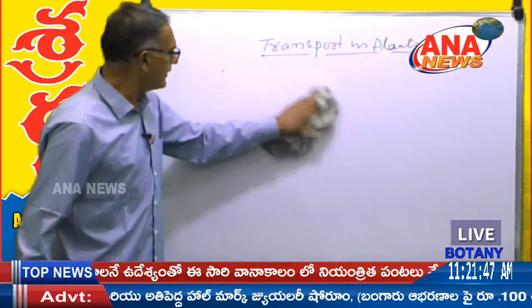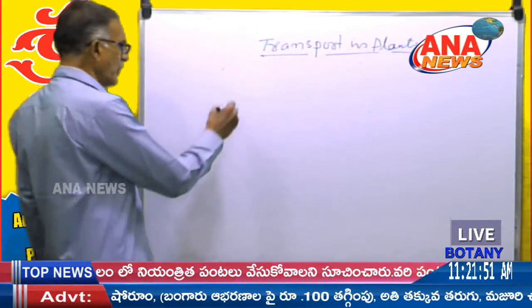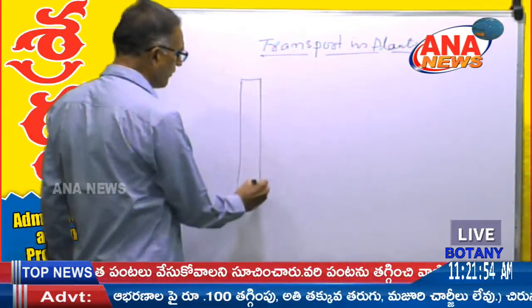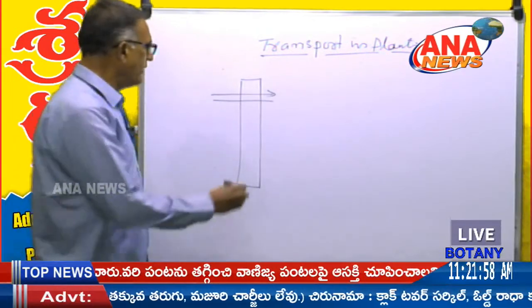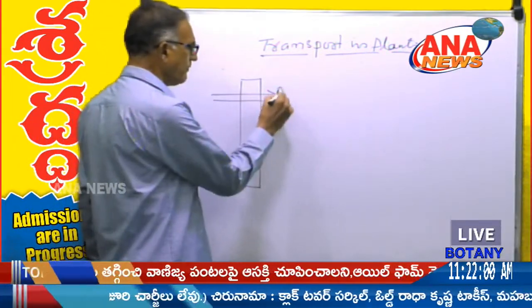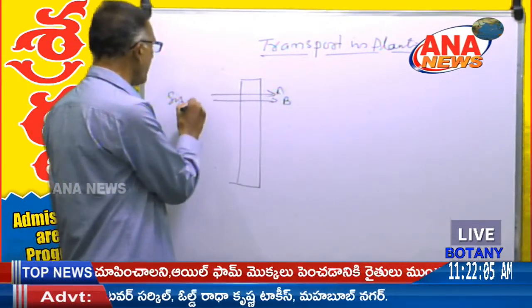At the same time we discussed symport, antiport and uniport. While substances are passed through the membrane, when both substances are moved across the membrane in one direction, that is called symport.